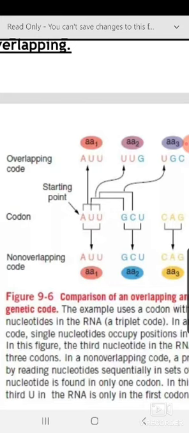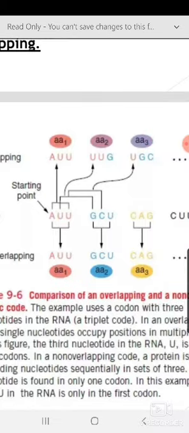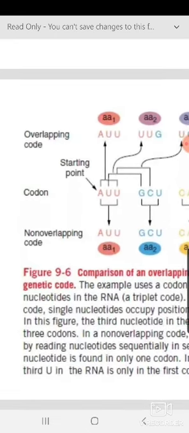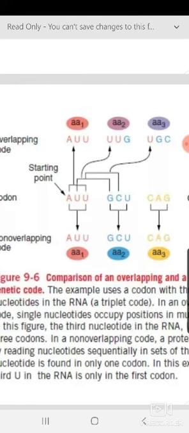AUU first, then taking the second U, we can again construct UUG, correct? Take the third U, then UGC. This is the way we would read it if it were overlapping. But if it is not overlapping, then AUU corresponds to one amino acid, like that.